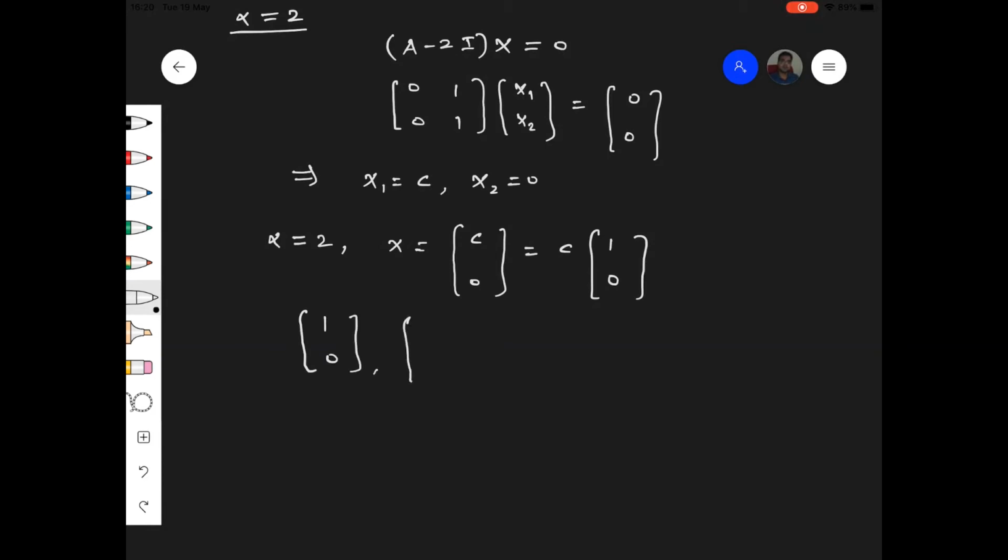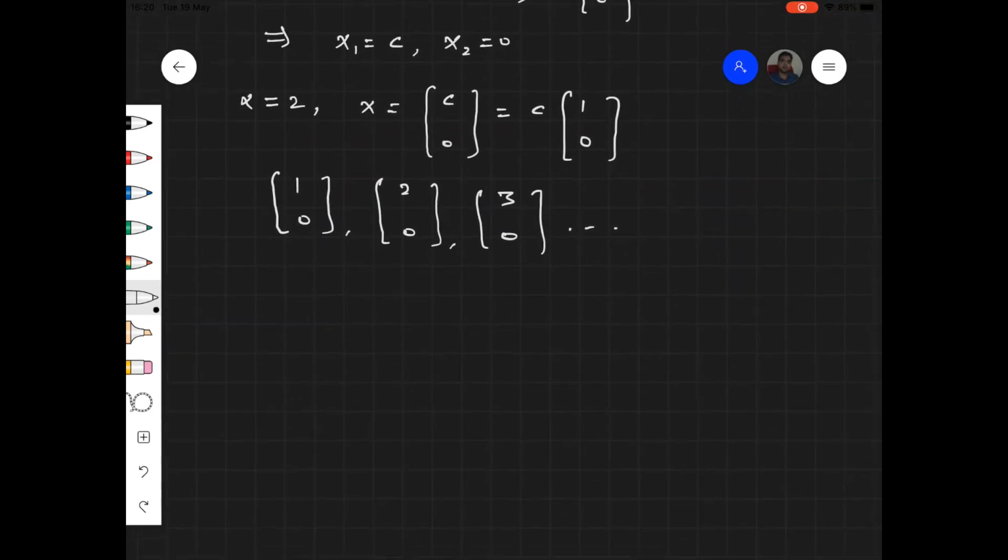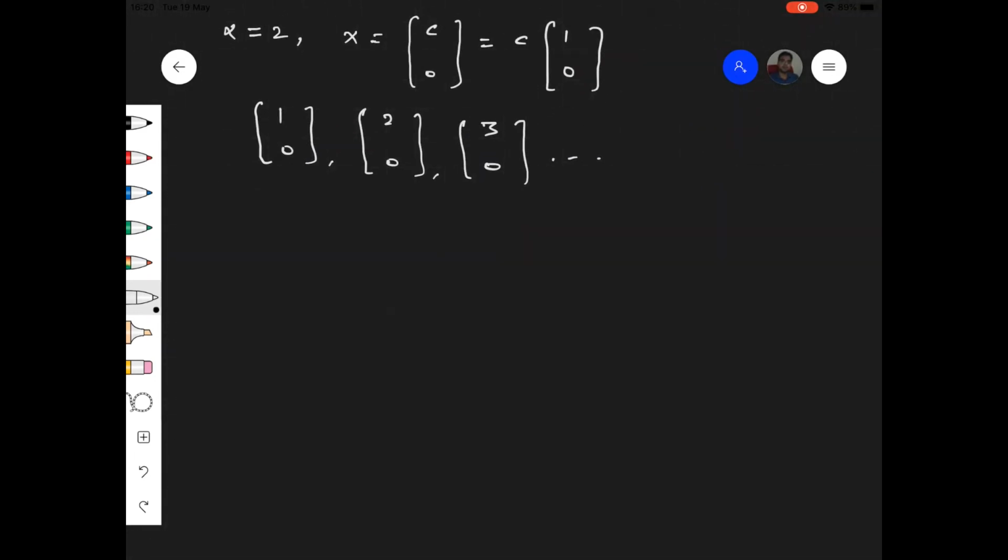A few examples are (1, 0), (2, 0), (3, 0), and so on. Here you can easily observe that eigenvectors are not unique. Once I solve the eigenvalue problem, all possible scalar multiples of that particular eigenvector are also going to be eigenvectors of the same matrix for the same eigenvalue.